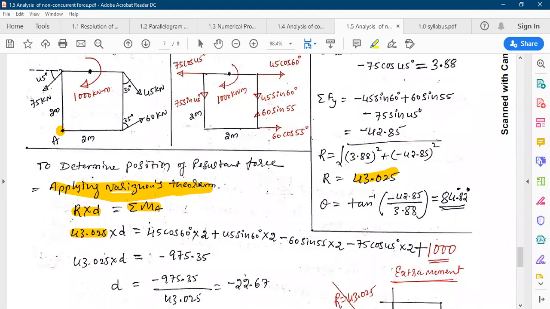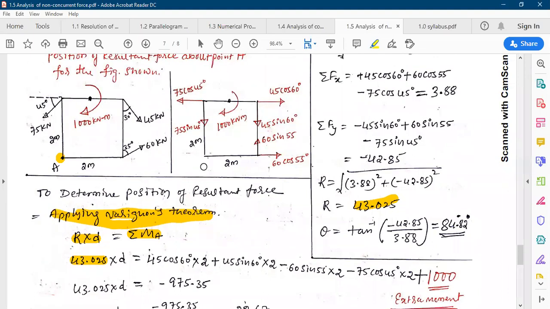So check which component of the force is passing through the moment center. This is the moment center A. So look at the forces which are not passing through the moment center. First we'll look at the forces which are passing through the moment center, and let us neglect them for the moment calculation.